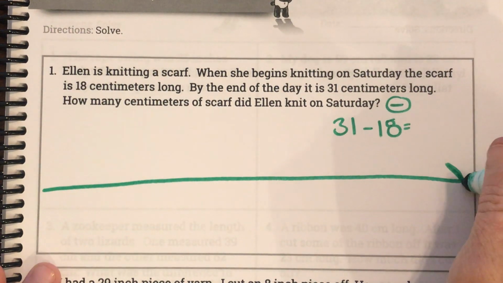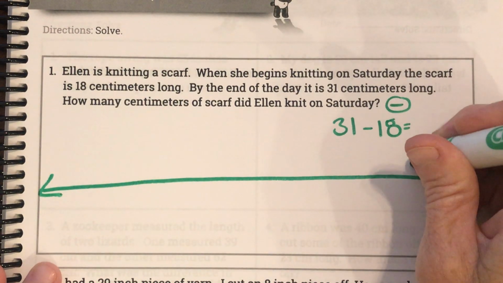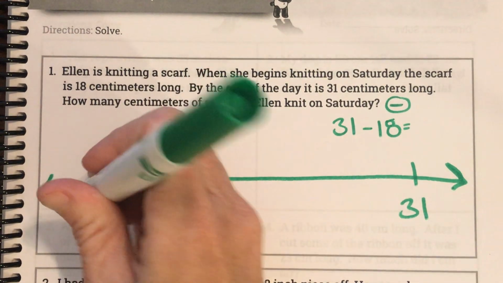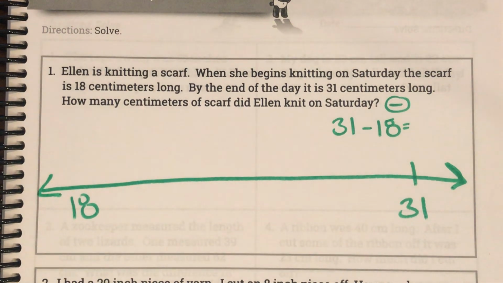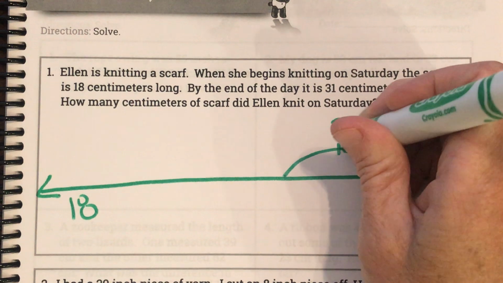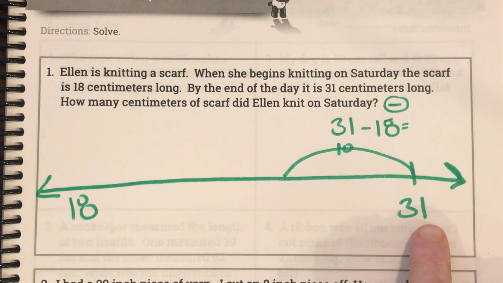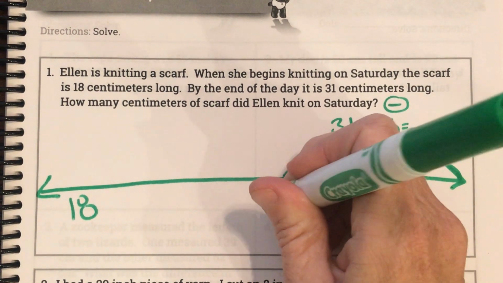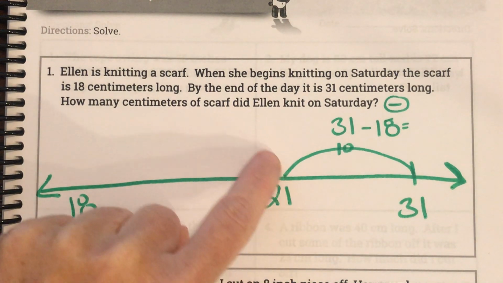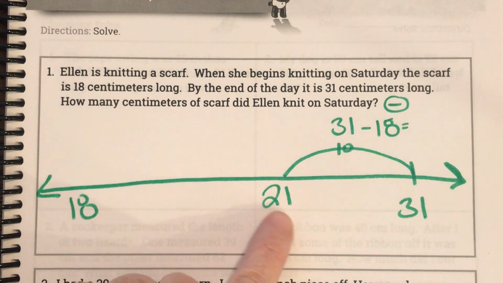Okay, let's set up our number line, and we're going to start at the end and see how many counts it takes us to get to 18. I think we should do some giant counts here. If I do a giant count back of 10, and I take 10 away from 31, we will get 21. Now if we take another giant count of 10 and I take 10 away from here, I'm going to get 11.